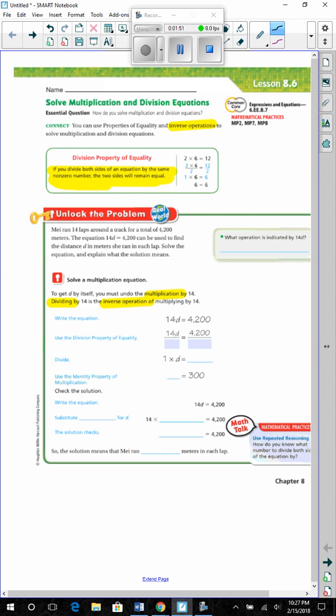So use the division property of equality. Because 14 and d are right next to each other, that means they're being multiplied. So we're doing the inverse operation, which is dividing. So we're going to divide 14d by 14, and then 4,200 by 14.